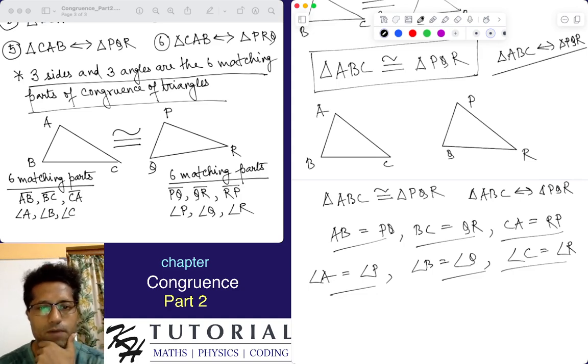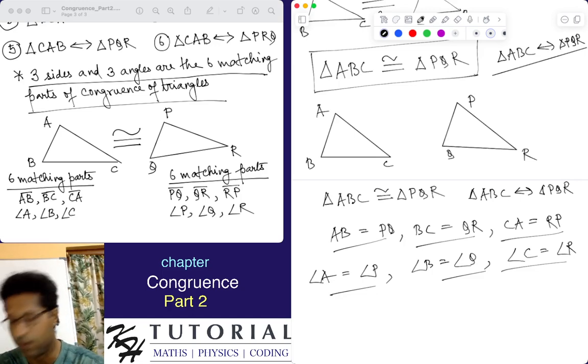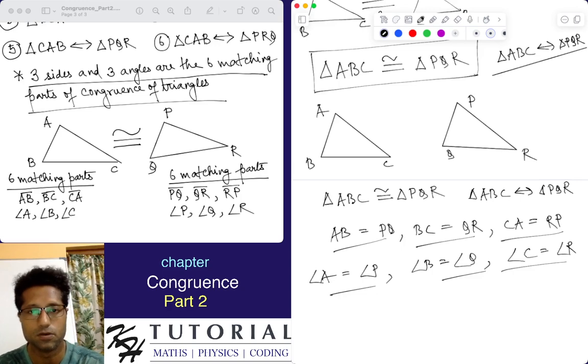This is all about matching and correspondence between 2 triangles, which will be heavily used in verifying the congruency of 2 triangles. Because when we ask whether two triangles are congruent or not, we have to mention under what matching, or under what correspondence, we are verifying the two triangles to be congruent.